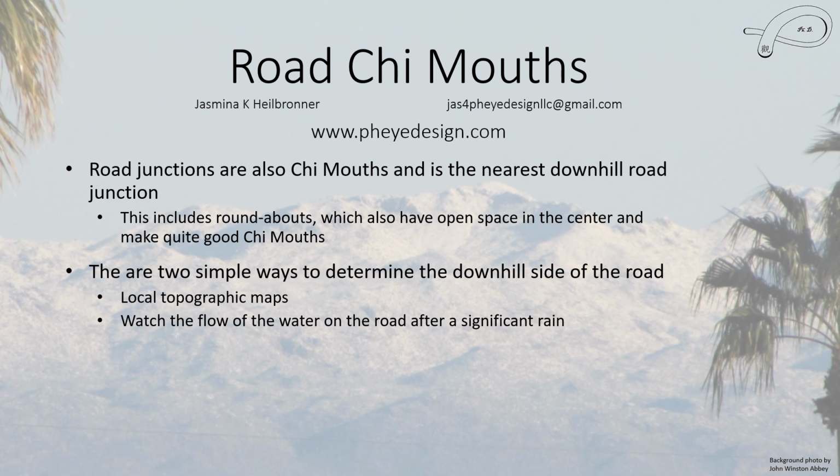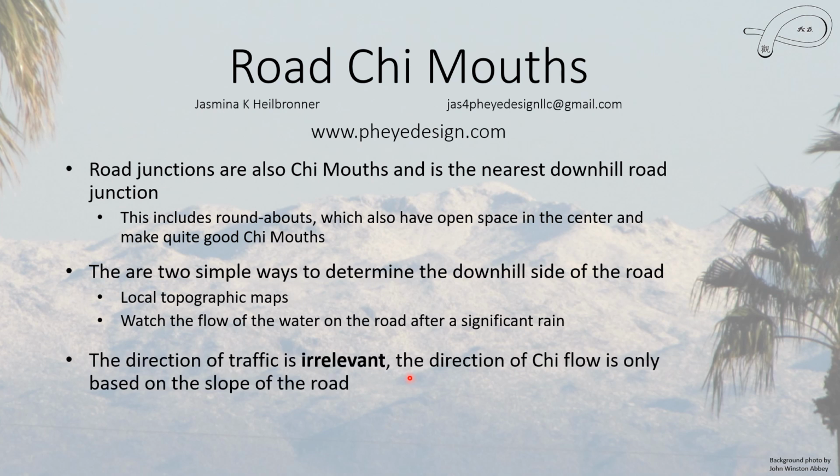And if you need to, you can even take a bucket of water and pour it at a medium speed. You don't want to just dump it, but pour it at a not too fast, not too slow speed, and it will flow downhill along the road. So you can tell which direction your road tilts to.